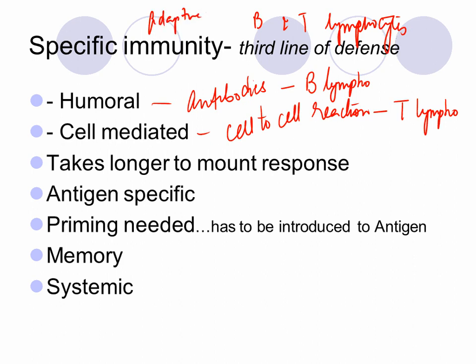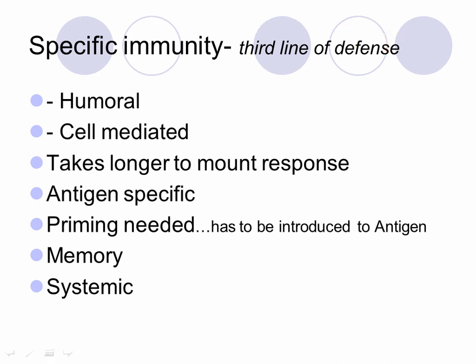Plus, we call it specific, so it must be something specific to it. It is antigen specific. In other words, there are lymphocytes in your body, for example, which would react to the chickenpox antigen. So if the chickenpox virus was to come inside your body, these lymphocytes would be able to react.